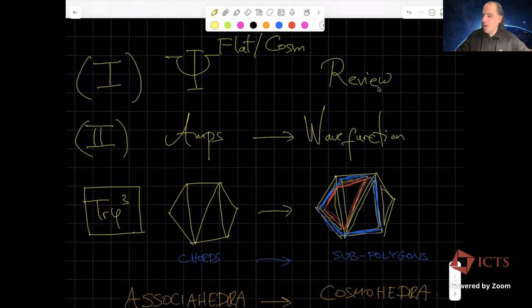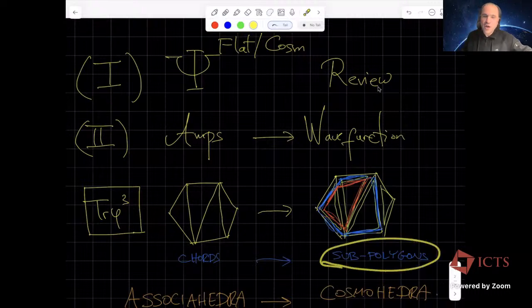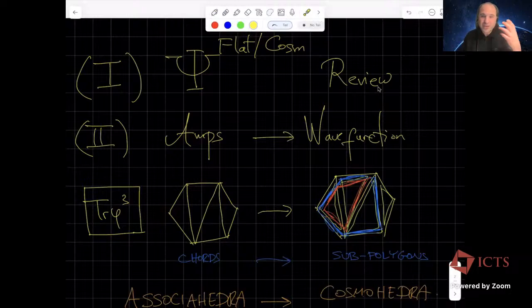And while the story for amplitudes is really all about non-overlapping chords, triangulations that are associated with non-overlapping chords, we will see that the way to think about the wave function is to replace the notion of non-overlapping chord with non-overlapping subpolygons. So they're very closely related objects. They're not in radically different worlds.